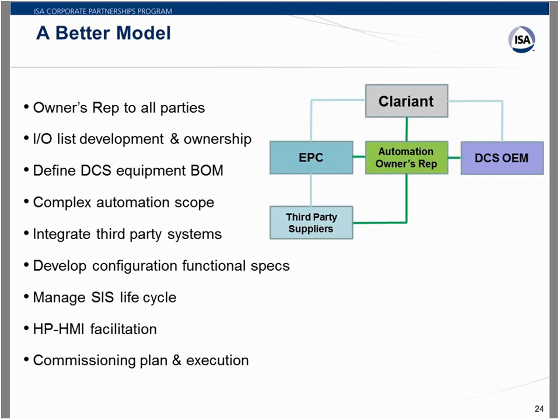Some of the complex automation scope made more sense for the automation owner's rep to develop and define. Things like, I mentioned, a lot of the Profibus. That Profibus network was pretty complex with 301 devices on it, so coming up with the architecture for that, balanced in a way that there wasn't excessive loading.